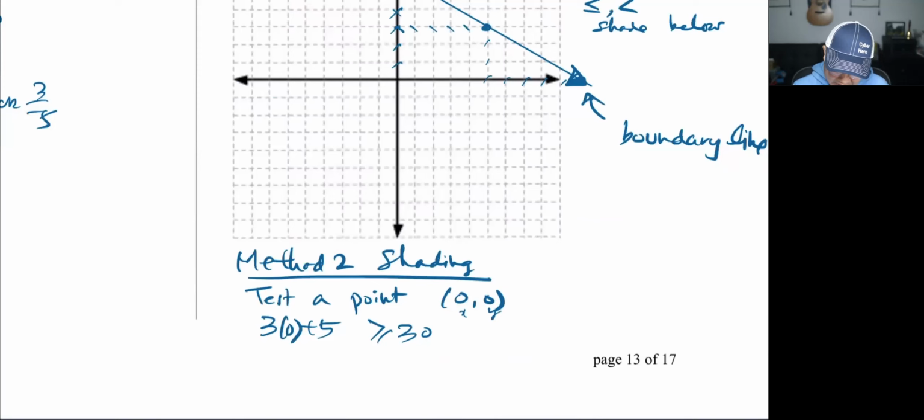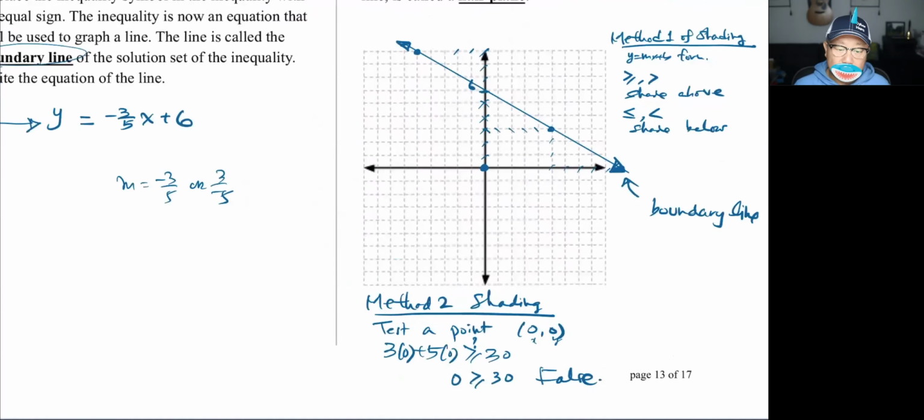And the y is 0. Question is that true? 3 times 0 is a 0. 5 times 0 is a 0. When you add 2 zeros, you end up with 0. Question is 0 greater than 30? Yes or no? This is false. So that means that 0, 0 is not the solution.